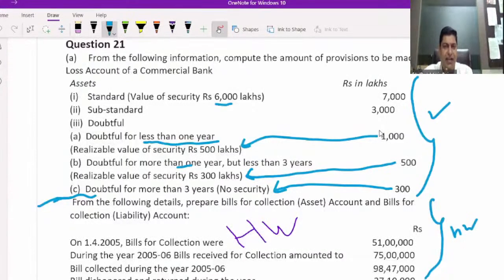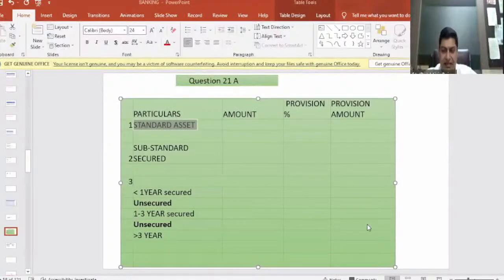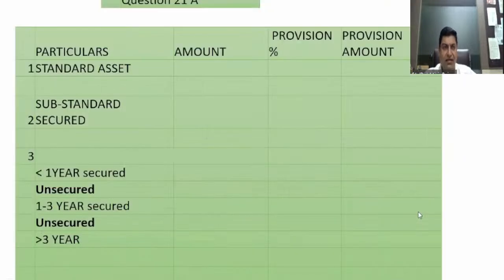I hope guys you take a screenshot and then we are going further. And guys, you need to prepare this type of table, 4 columns as we discussed.